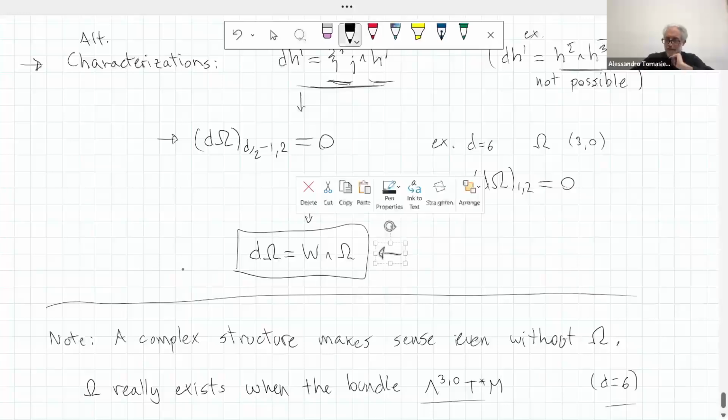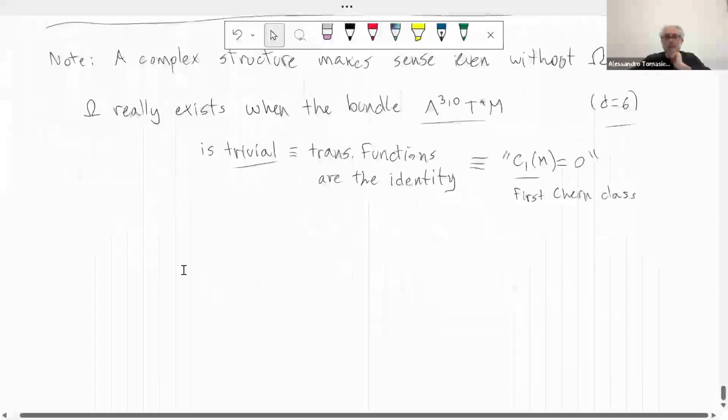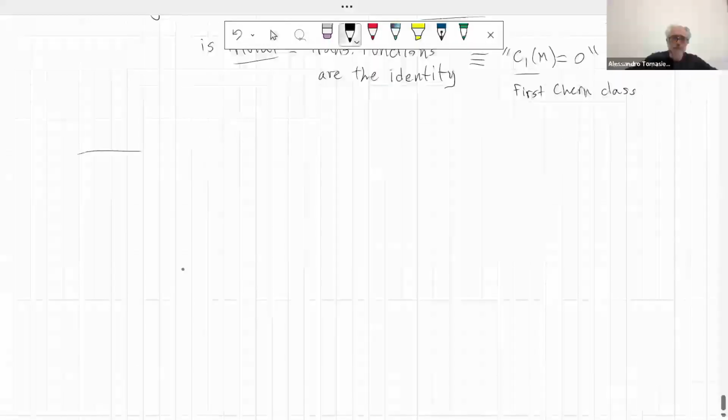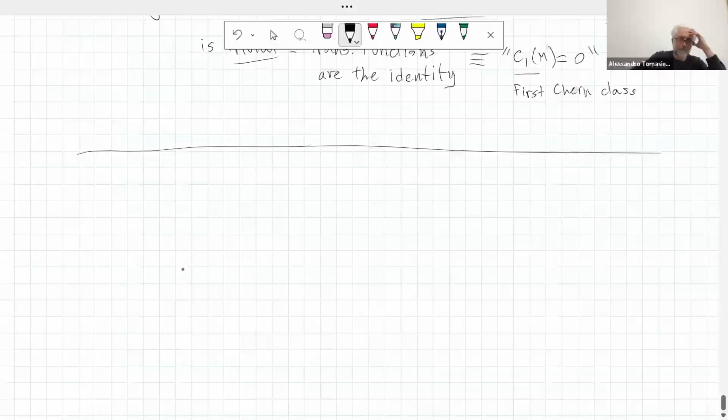But there are also, I feel obliged to also mention, consider the T^{1,0}.